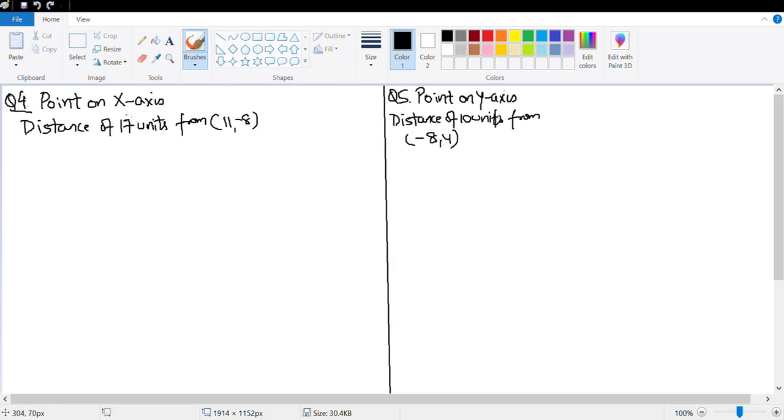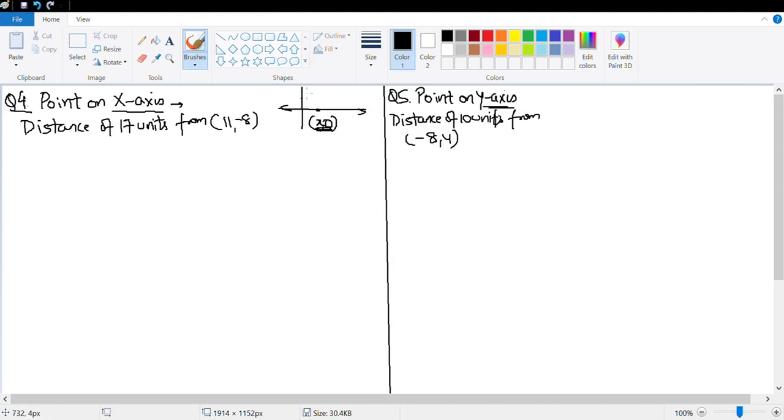So if it's a point on the x-axis, we've done this before in the previous chapter. If it is a point on the x-axis, what is the value of y in this case? Y will always be 0 for any point. So you will get questions where the point will be on the x-axis, or let's look at question number 5 where the point will be on the y-axis.